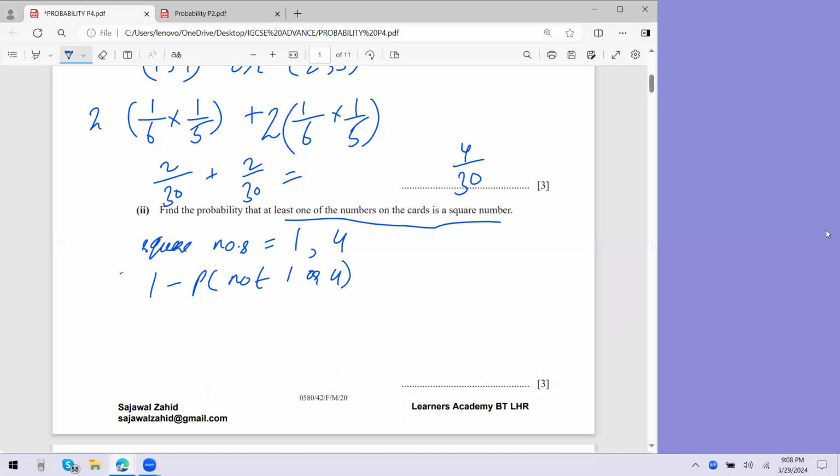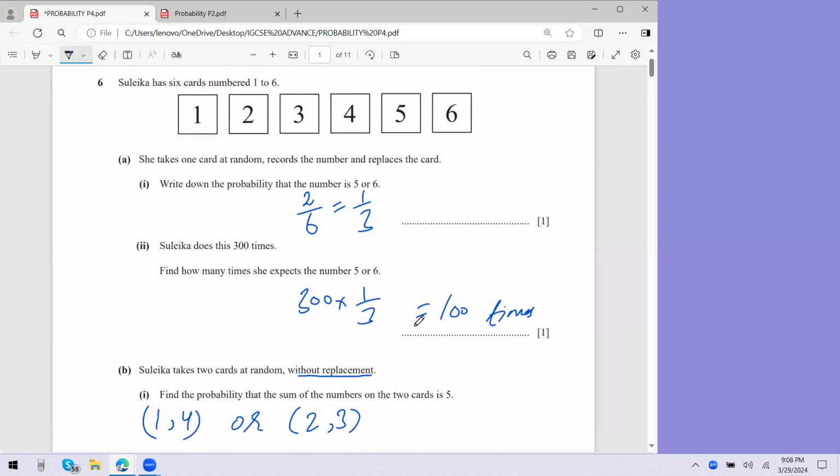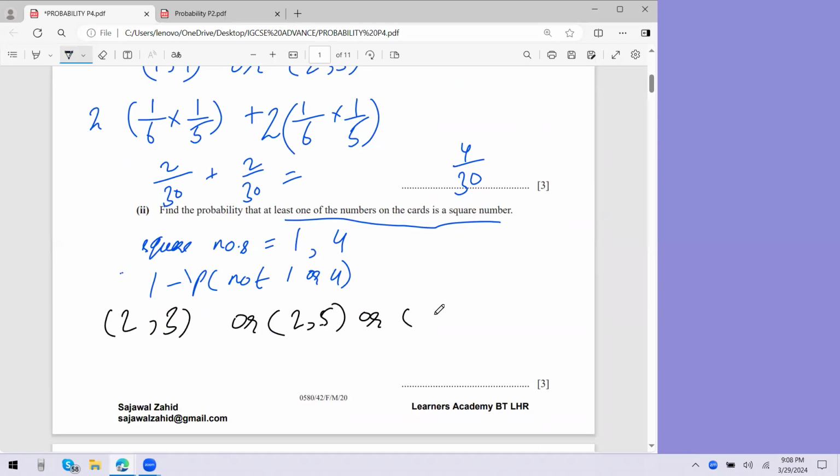So that means the first number can be 2, then the second one can be 3, or the first one can be 2 and the second one 5. Make different combinations. First one can be 3, second one can be 6.